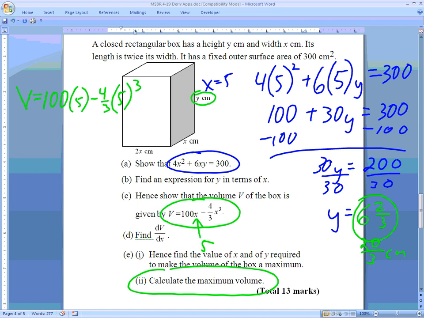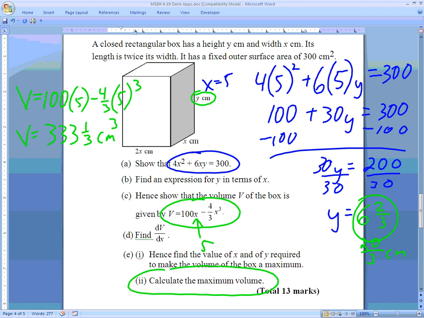And so we get 500 minus 4/3 times 5 to the third power, or 333 1/3 would be an exact answer, and that's volume. So that'd be centimeters cubed. Or if you round to 3 significant figures, it's just 333 centimeters cubed.